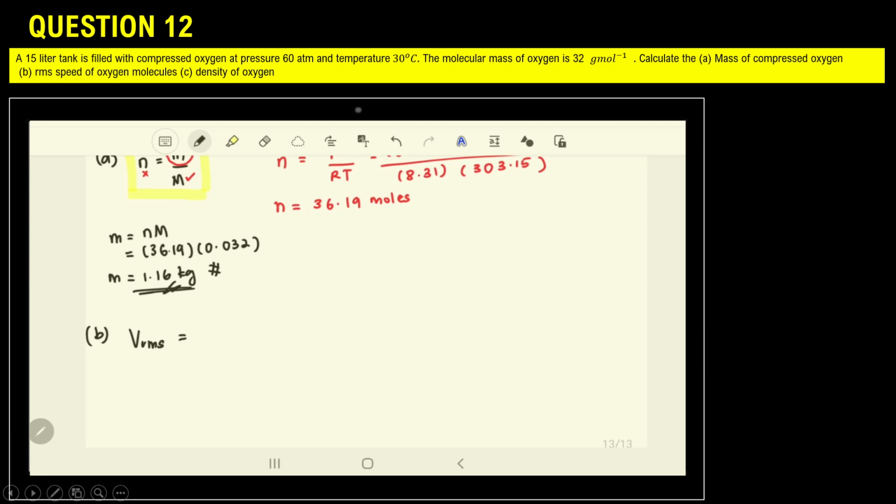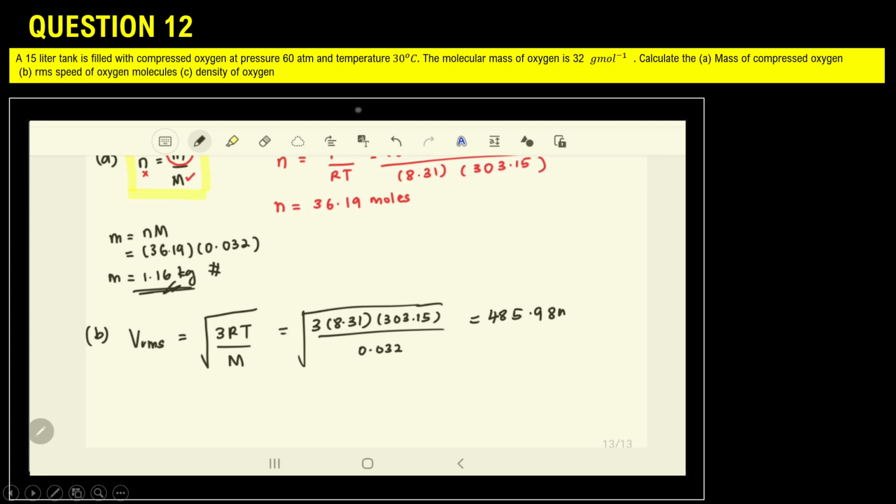Since we have the temperature and the molar mass, I can directly use the square root of 3RT over M. So 8.31, and the temperature is 303.15, over the molar mass in kg, 0.032. Therefore, VRMS is equal to 485.98 meters per second.